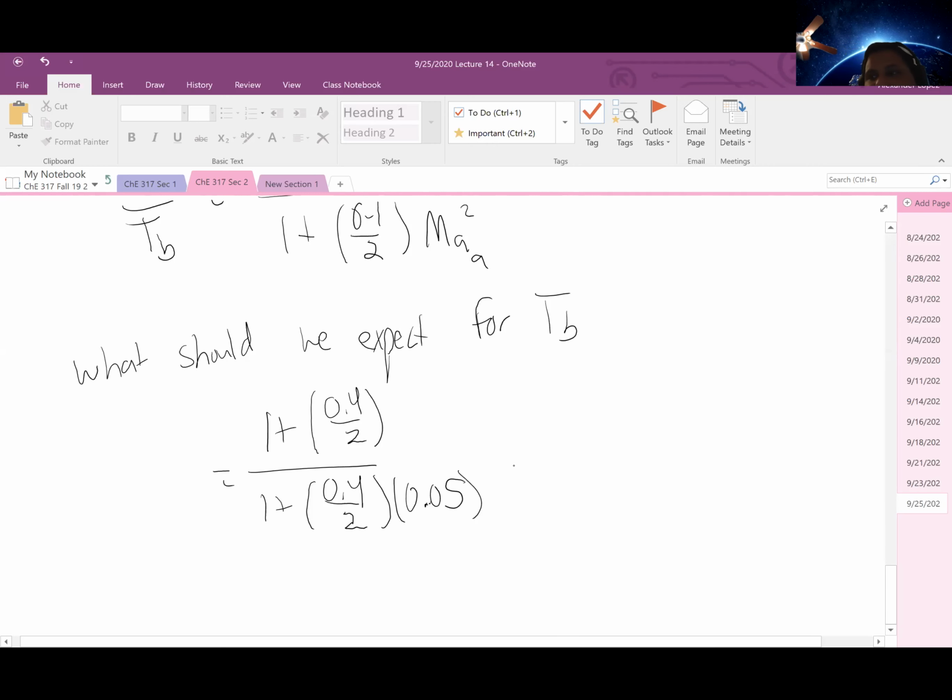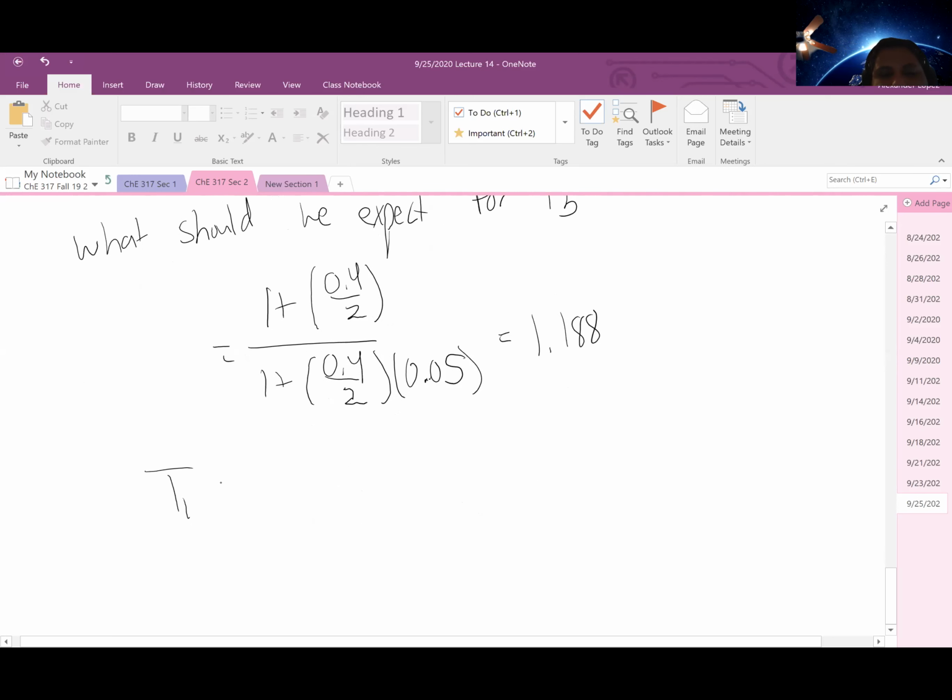I got a value of approximately 1.188, which means TB is going to equal TA over 1.188, or 555 Kelvin over 1.188.